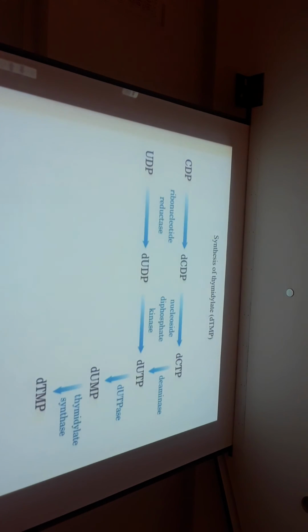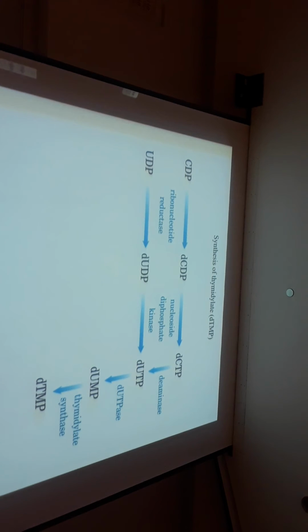Okay, so we're still talking about synthesis of pyrimidine nucleotides, and we have seen how we can form CDP, how we can form UMP, phosphorylating these would form CTP and UTP. Okay, that's all straightforward.